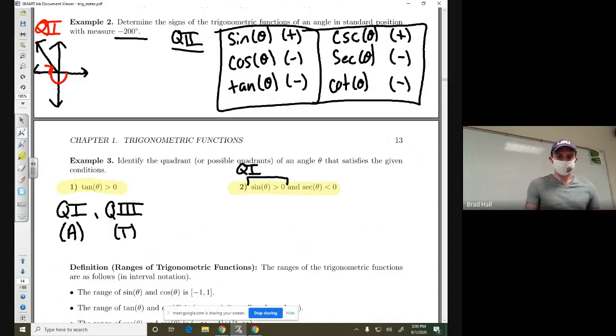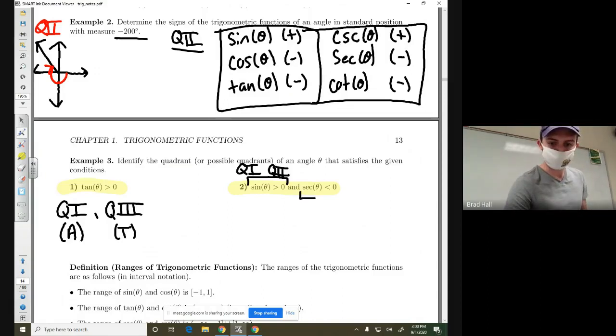And what's another quadrant where sine is positive? It's 2, because all students, and what does the S stand for? It stands for sine. Take calculus, T for tangent, so not sine, C for cosine, still not sine. So quadrant 2. So 1 and 2, but that's just for the sine part.